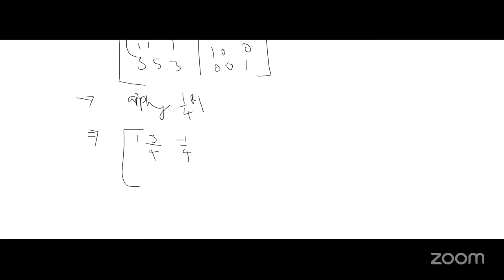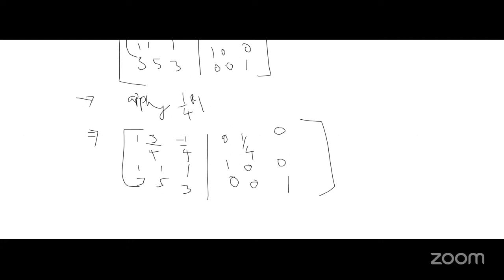Next 1, 1, 1, 3, 5, 3. In the same way here, 0, 1 by 4, 0, and the remaining is as it is, 1, 0, 0, and 0, 0, 1. Okay.